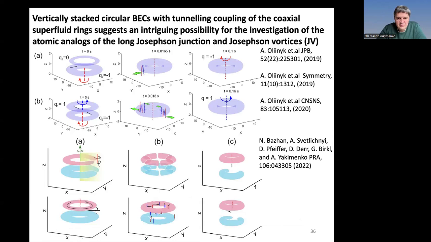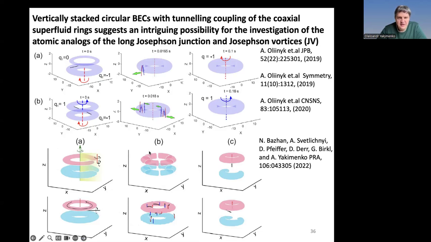counter-propagating flows, for example. And by the way, in collaboration with Anton, we did some work which realized this theory. You can engineer the system with a different number of these Josephson vortices. These Josephson vortices are shown here by the horizontal black line.